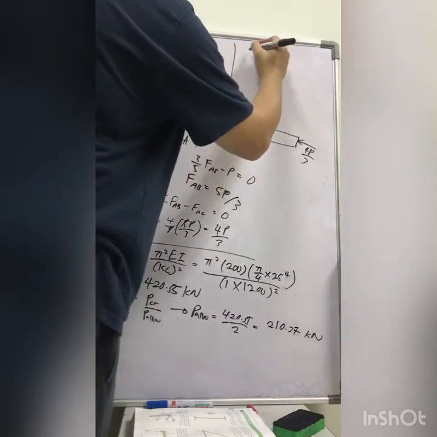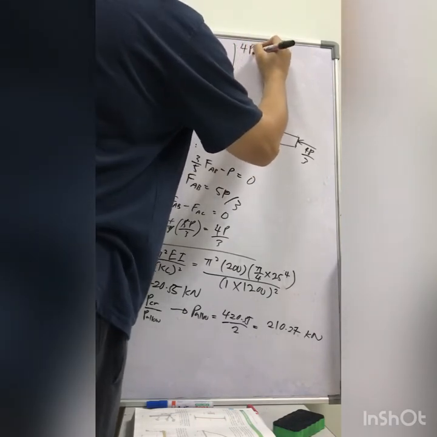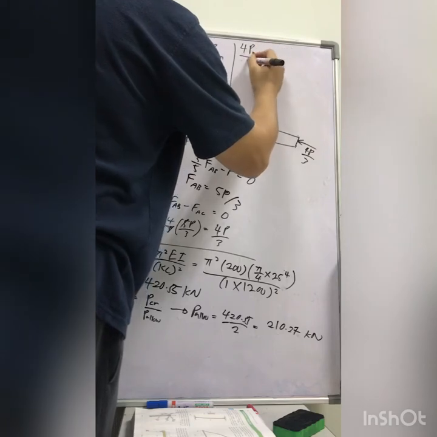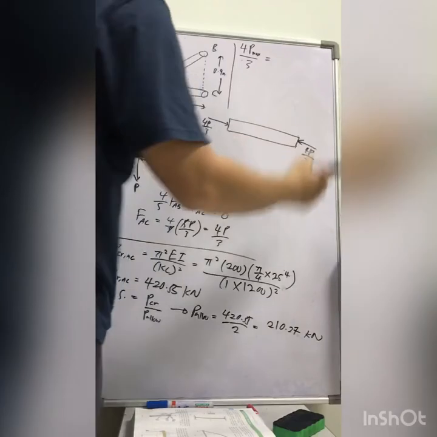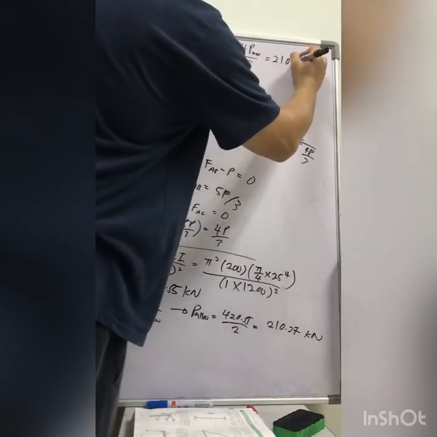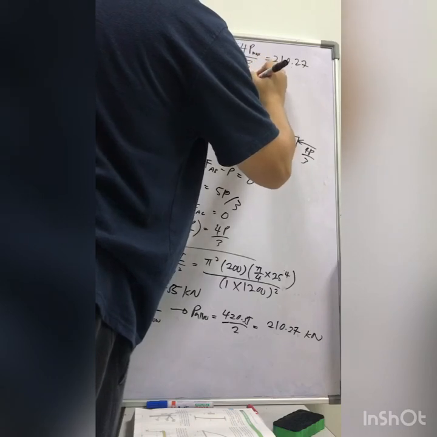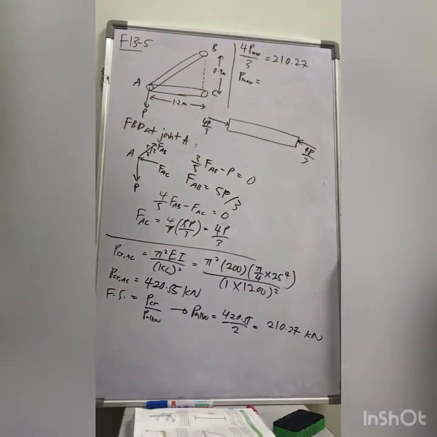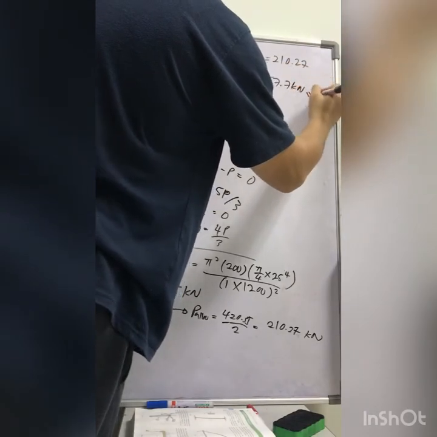So it is for P maximum or allowable, over 3, FAC, and this is FAC allowable, which is 210.27. So your P max, you solve this, you will get 157.7 kilonewton.